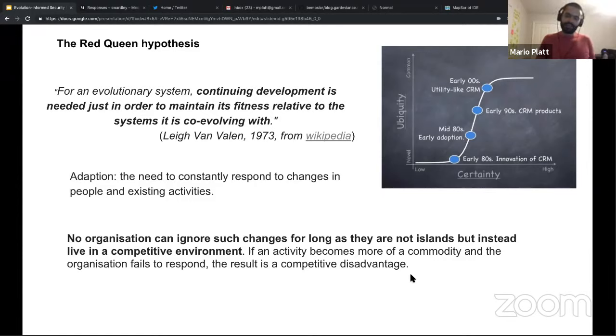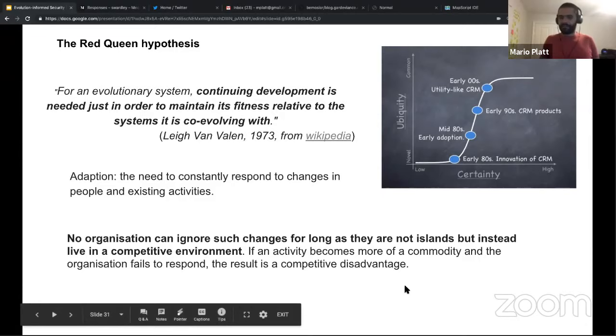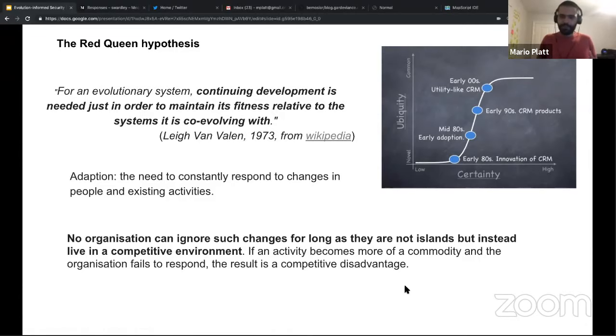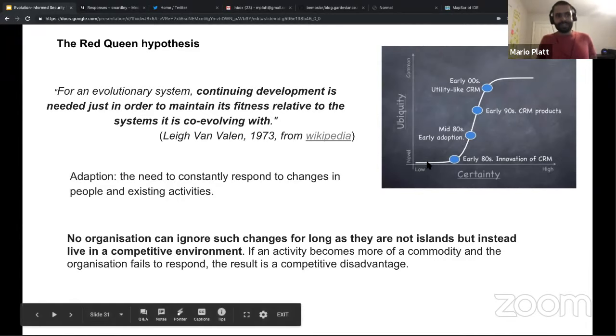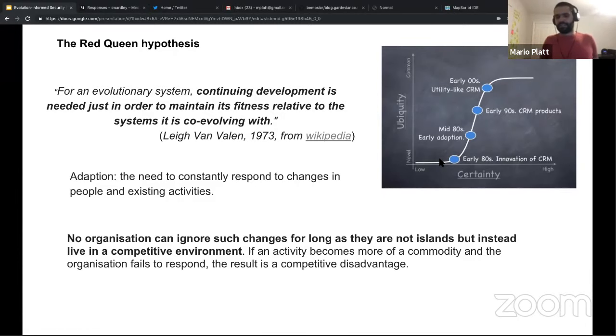And that's a thing that sometimes people that don't really understand business think we're all doing all these things because we want to be number one. Indeed, it's good if there's a way to get a competitive advantage out of change, that's brilliant, right? But 8 times out of 10, you're just doing it to keep in business, right? You're doing it to keep your relative status to where you are in your industry. So the example here is about the use of CRM, right? In the early 80s, that's when you start seeing a few organizations adopting CRM.